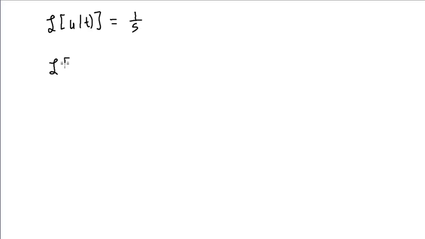Similarly, we can find the transform of e to the j omega t u of t, again from our more general e to the lambda t, just plugging in j omega for lambda. And so this is the Laplace transform of our complex exponential.